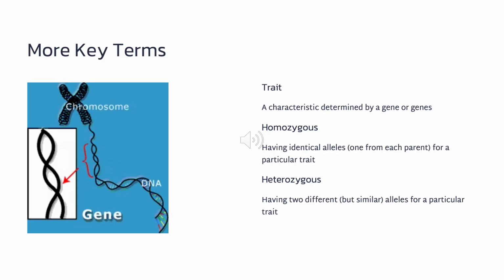All those things that you can see, we call the phenotype. So it is a characteristic determined by a gene or a group of several, more than one, genes. So that is a trait.